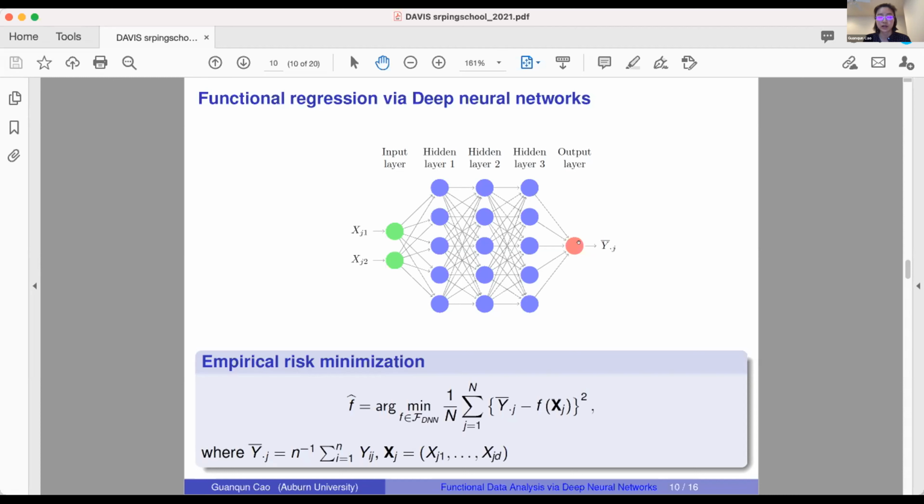And the output layer is y bar dot j, where we take the average across the subjects at the j-th location. This is how we train these DNNs. And by optimizing this problem, we can find f hat, our estimator for the true underlying mean function.